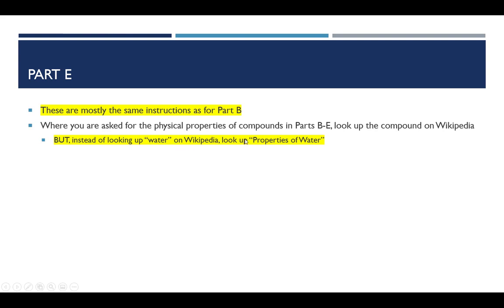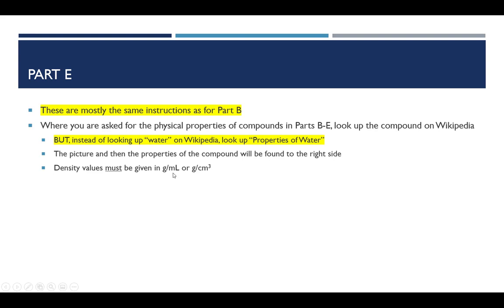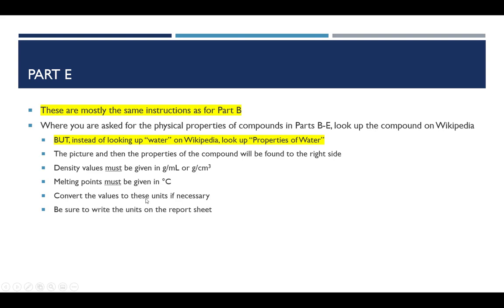You want to look up properties of water specifically. And then you will see the properties and the picture of the compound. Again, densities need to be in grams per milliliter, melting points in degrees Celsius, and then you'll want to complete the tables on pages 71 and 72.